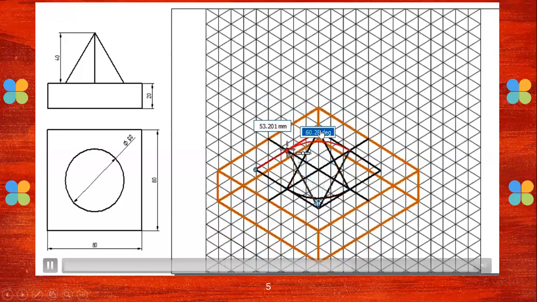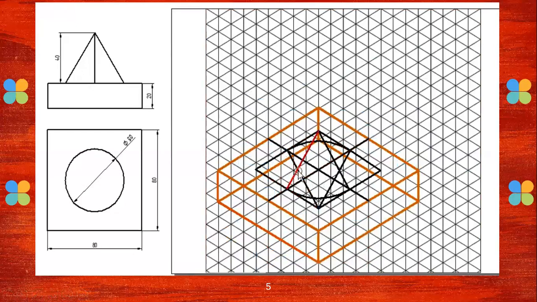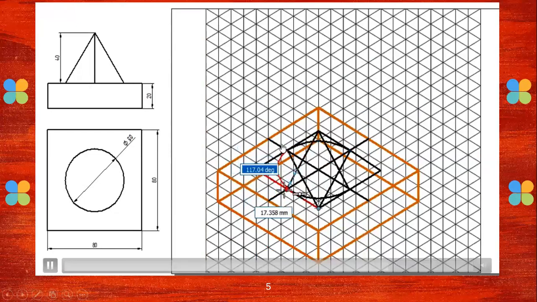Again from the opposite side, draw an arc. Again with this as the center and this as the radius, draw an arc. Again this as the center, this as the radius, draw an arc.